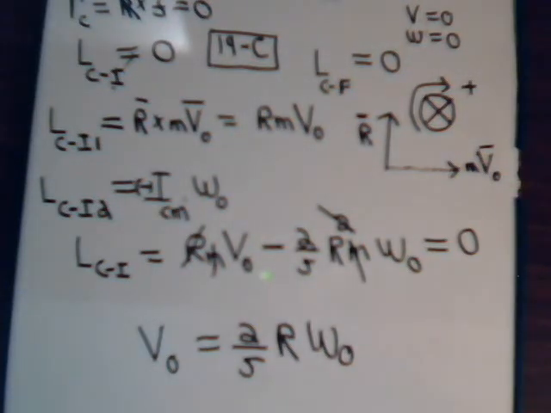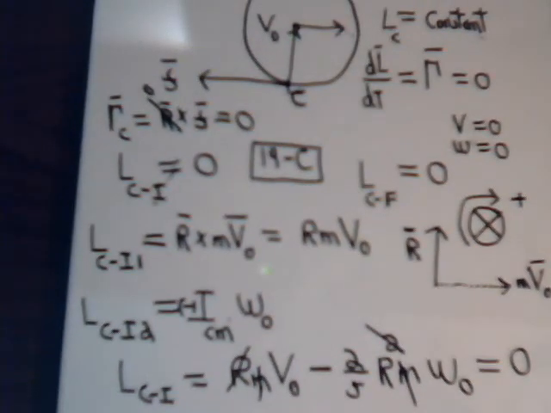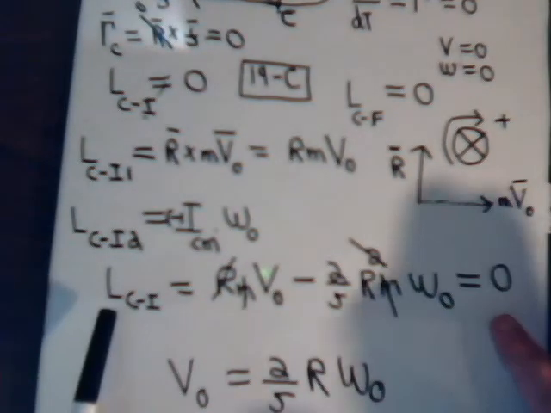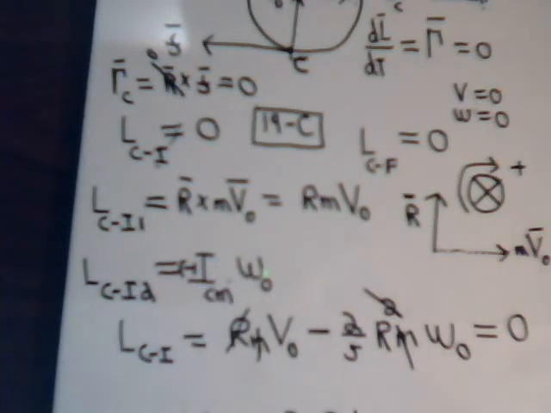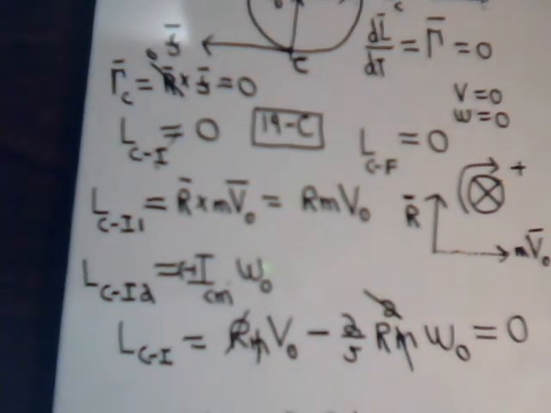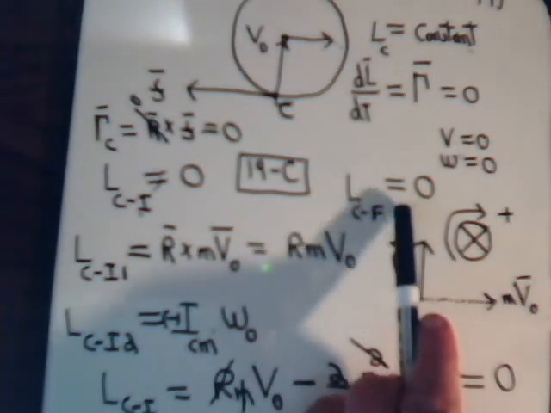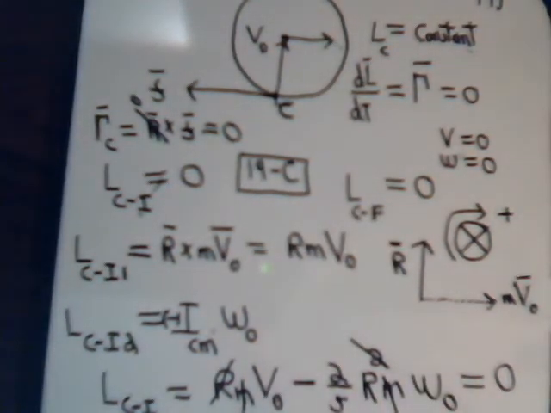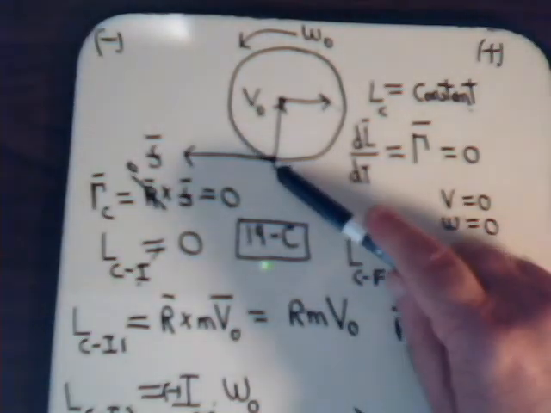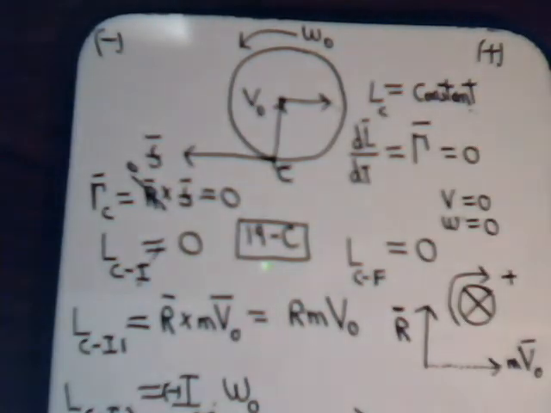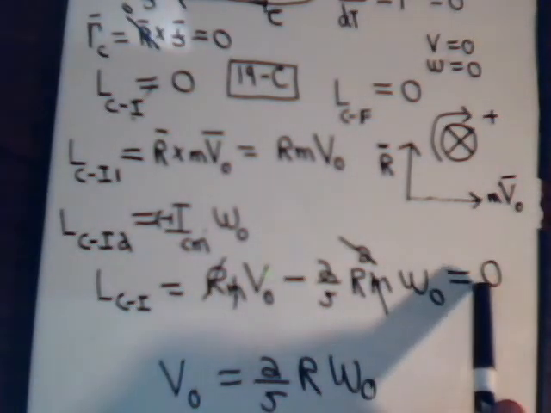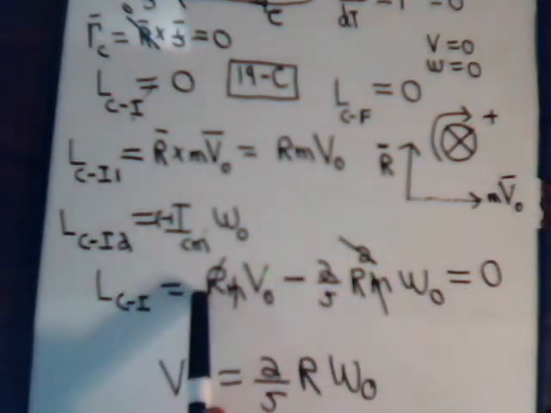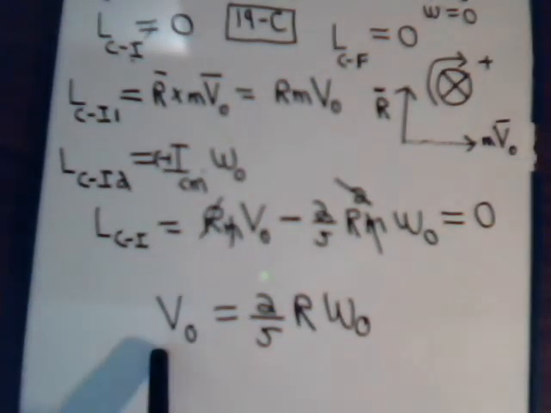So what this means is that we know that the ball has this initial angular momentum, this component plus this component. But if it comes to a complete stop at some point in time, then the final angular momentum is 0. But we know that the angular momentum about point C is a constant, so that means its initial angular momentum must also be 0. So we set up that equation, and here's what we get.